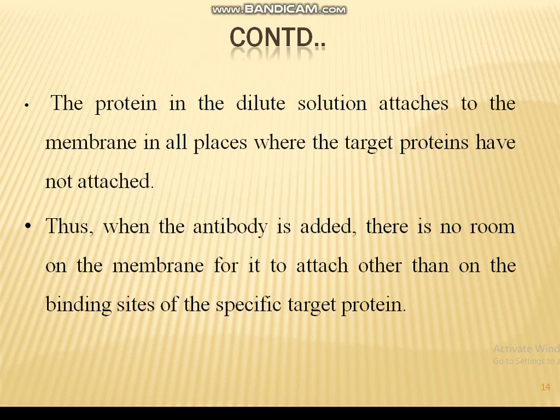The protein in the dilute solution attaches to the membrane in all places where the target proteins have not attached. Thus, when the antibody is added, there is no room on the membrane for it to attach other than on the binding site of a specific target protein.